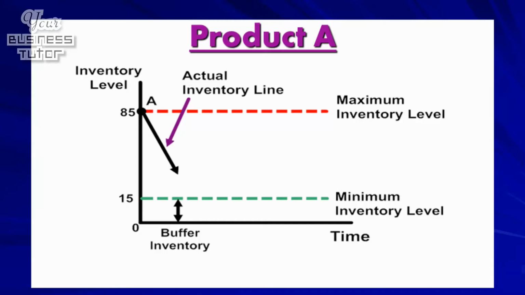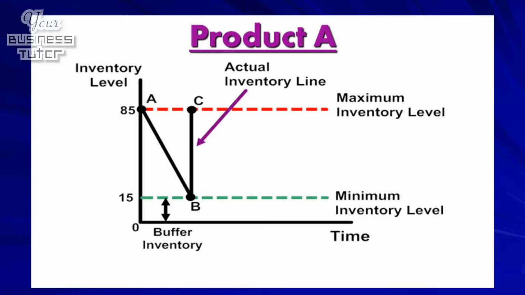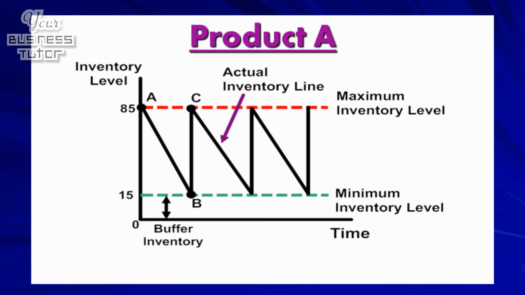For example, as the black line on the diagram shows, the business's actual inventory level line initially falls as stock is sold from point A on the maximum inventory line, until it eventually reaches point B on the minimum inventory line. From here, and so the business can keep trading, new stock is delivered, which pushes the inventory level back up to point C on the maximum inventory line, before the cycle begins all over again, as can be seen.